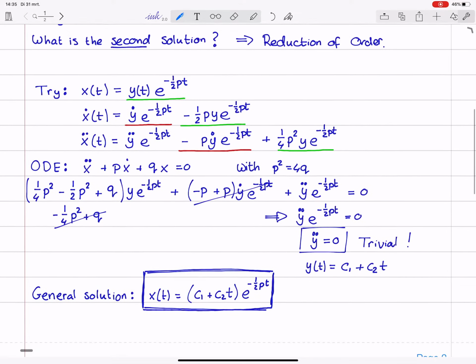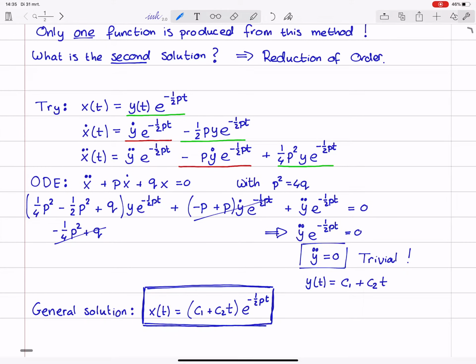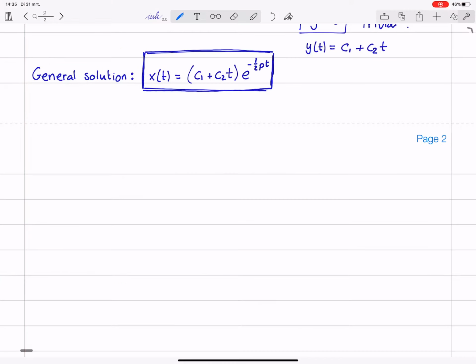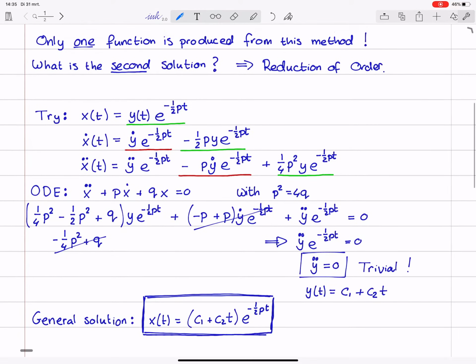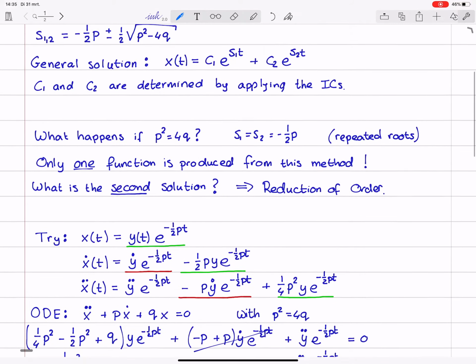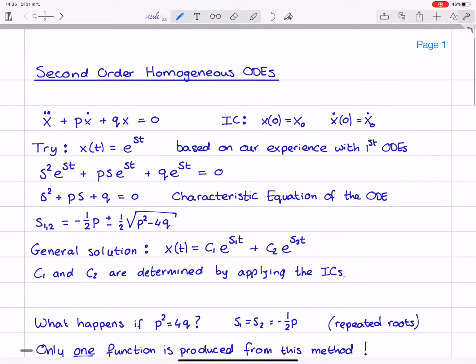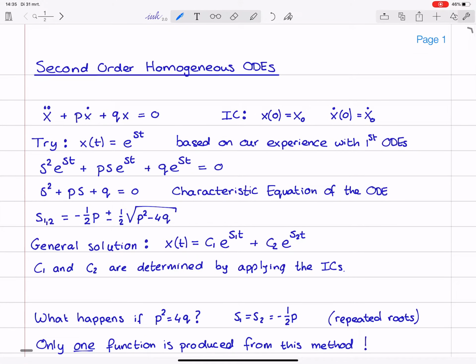Okay. This was basically what I wanted to tell you about second order homogeneous ODEs. So once more, in short, in general, we try an e to the power st, and we solve the characteristic equation for s, and it produces two solutions.